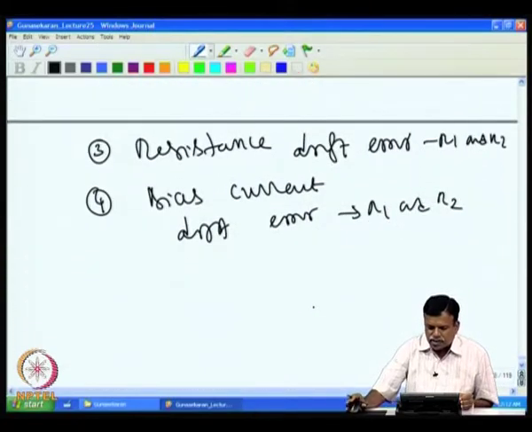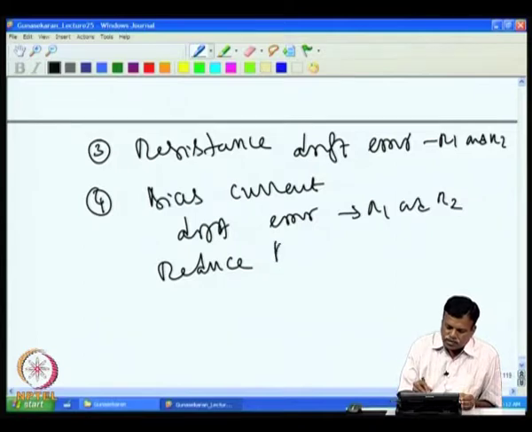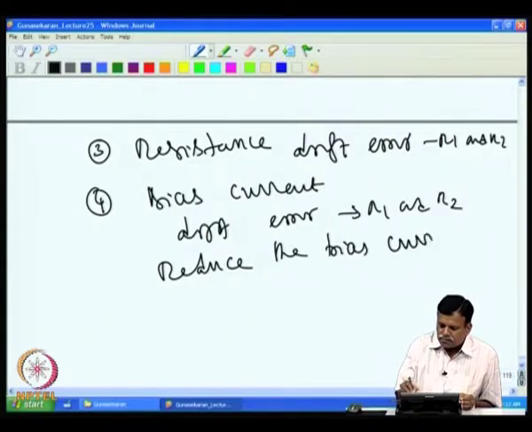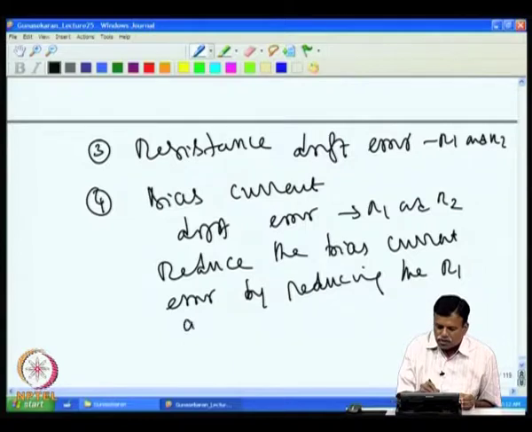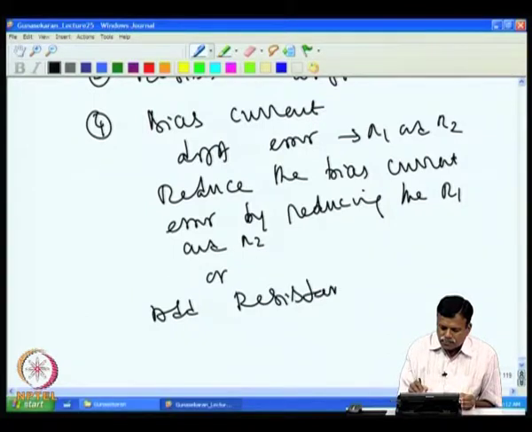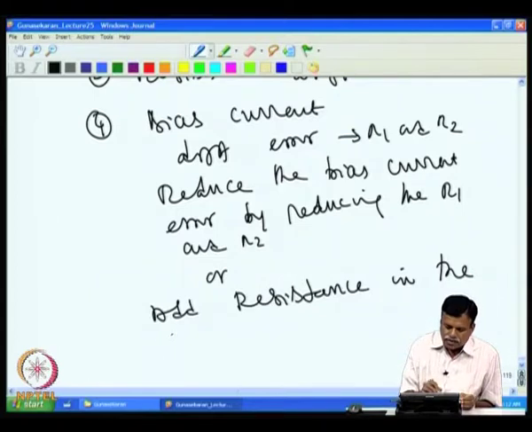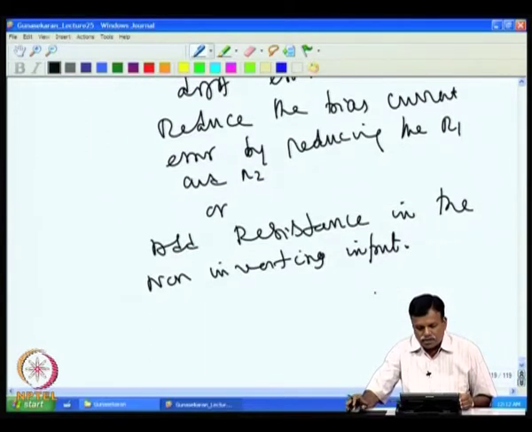I am not calculating the bias current error here, but we can reduce it by reducing R1 and R2, or alternatively by adding a resistance in the non-inverting input.